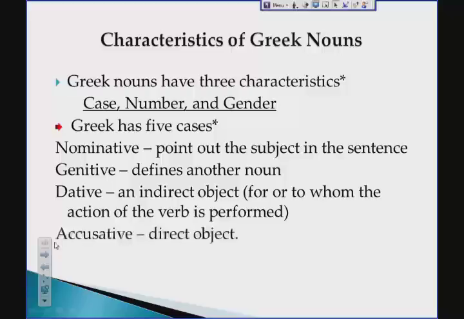The accusative case, straightforward, the direct object. John kicks the ball. Ho theos epoiesen ton ouranon kai ten gen. God created the heaven and the earth. Ton ouranon, the heaven, and ten gen, that earth.